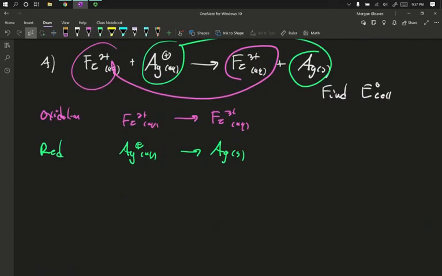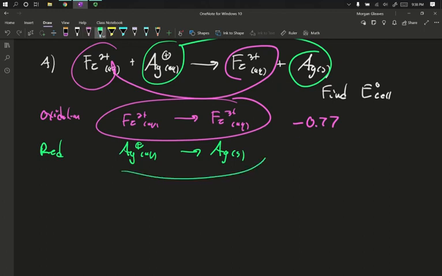Back to our reaction, however, our iron's in the wrong direction. So instead of +0.77, this one would be -0.77. The data table had iron 3+ going to iron 2+ with a positive 0.77. But our reaction needs it the other way around, so we're going to flip the sign.